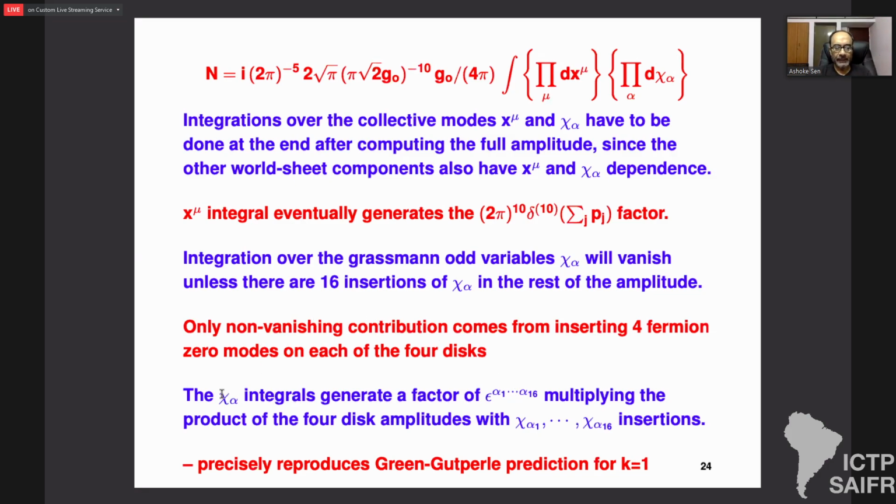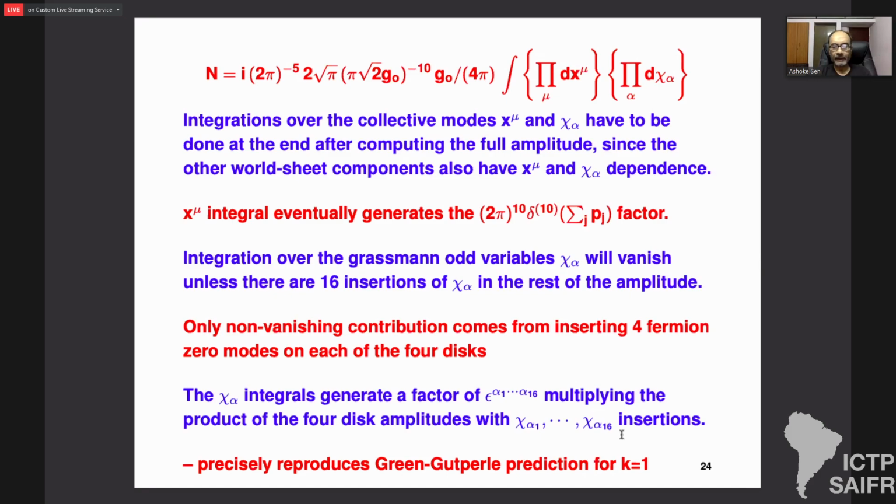Now the chi alpha integral gives a factor of epsilon, this 16-dimensional epsilon symbol. This multiplies the product of 4 disk amplitudes with these fermion zero mode insertions. This is a standard worldsheet calculation. And at the end of all this, after you put in all these factors, we precisely reproduce the Green-Gutperle prediction for k equal to 1. So this is the result for a single D-instanton.